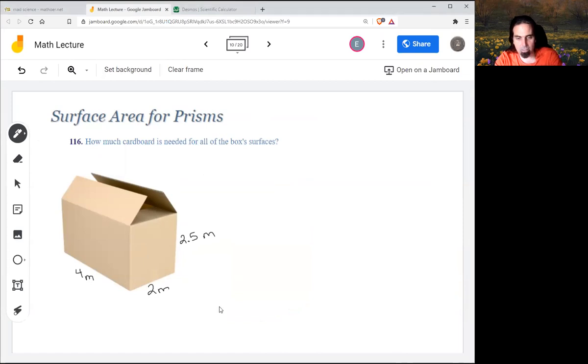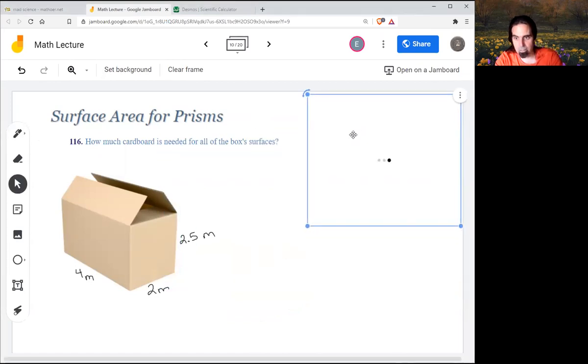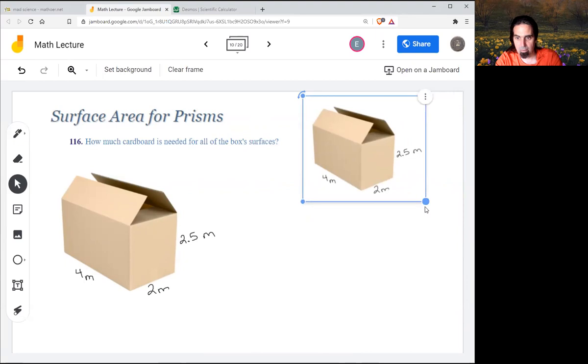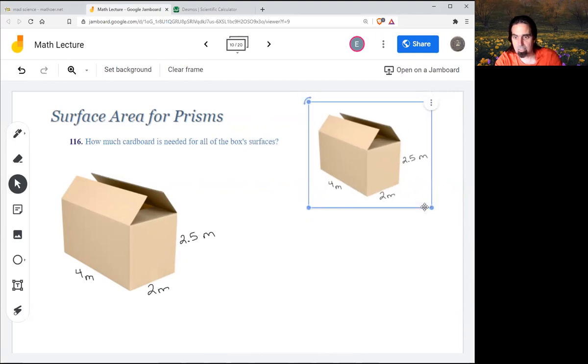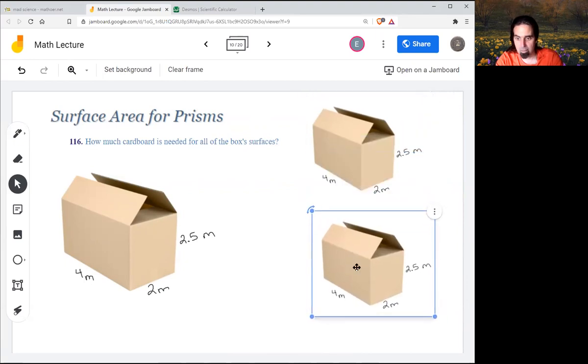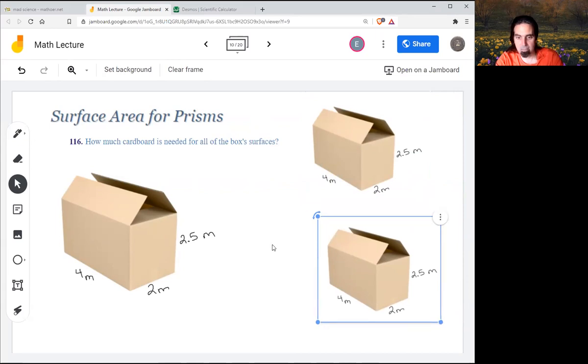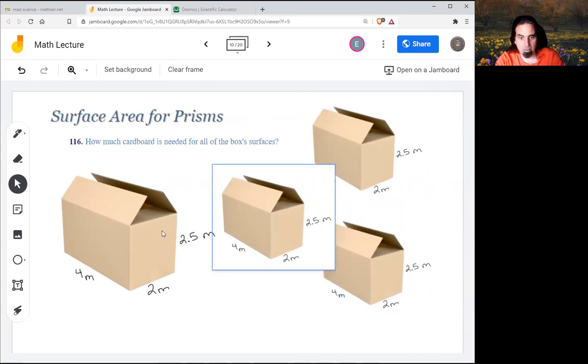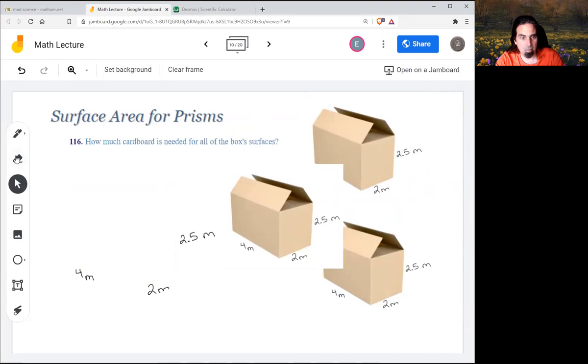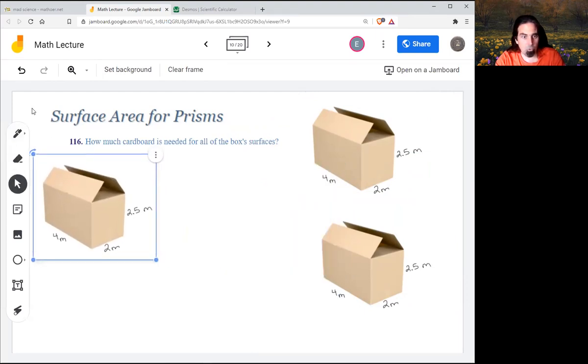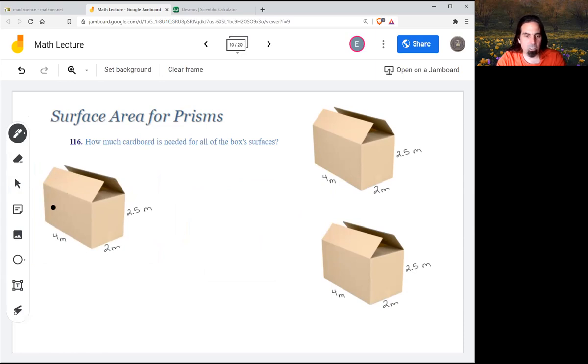And I'm going to make a few copies of that. Okay, how much cardboard is needed for all of the box's surfaces? I'll go back to my colors.